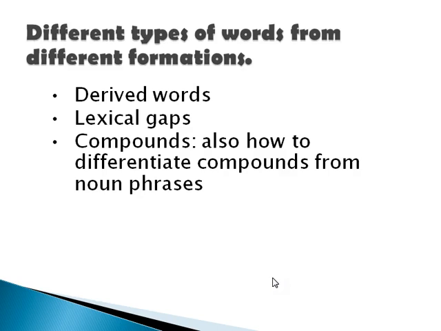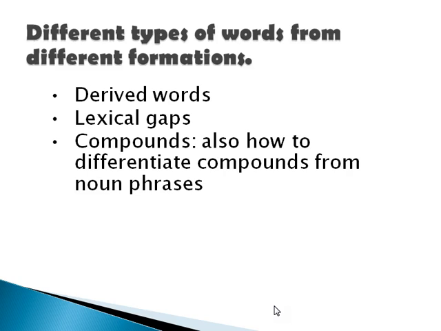We also have words called compounds. With compounds, we have to be careful to make a difference between compounds and noun phrases. When we go to syntax, we'll discuss the noun phrase. Take the case of a white house and the White House.